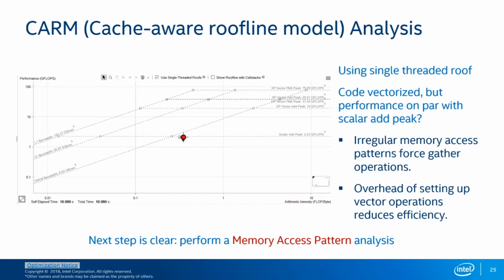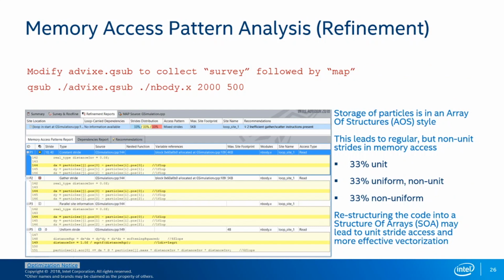Given the previous suggestion that there's possible inefficient memory access present in our compute loop, the next step is clear for us. We can run memory access pattern analysis. In order to run it, we can go back to our application and modify the amplxe.qsub script to collect survey followed by map analysis, and that will do both steps.